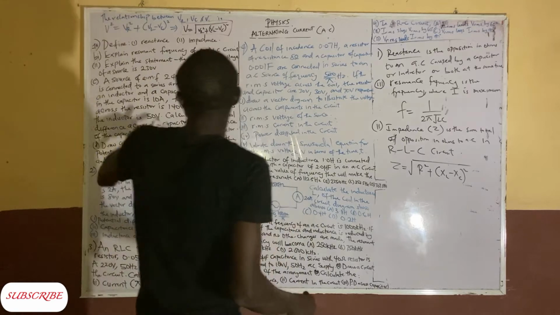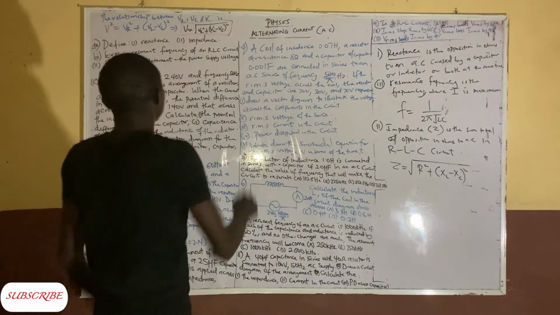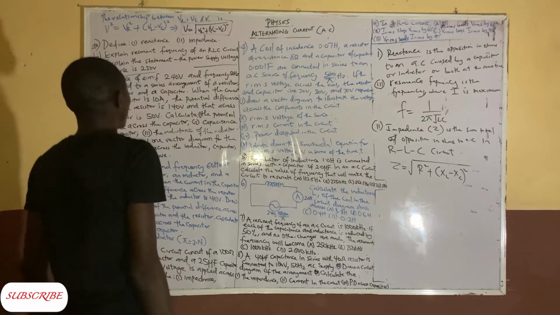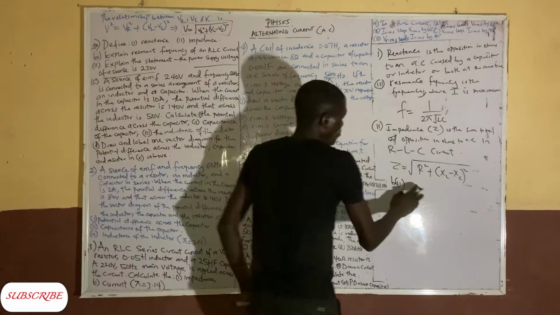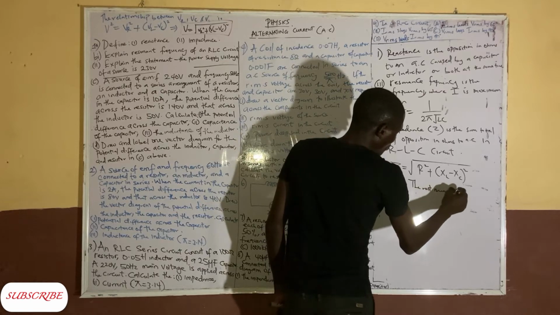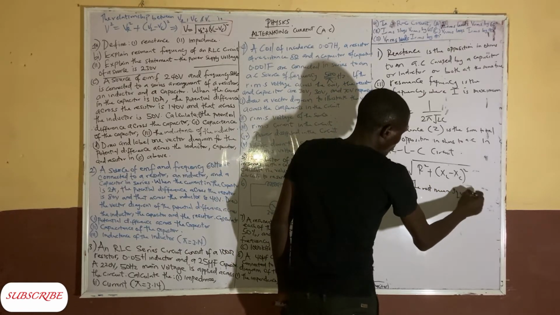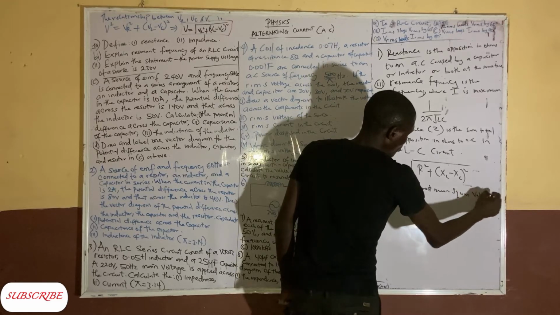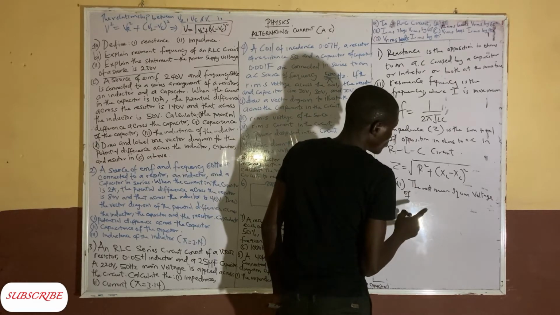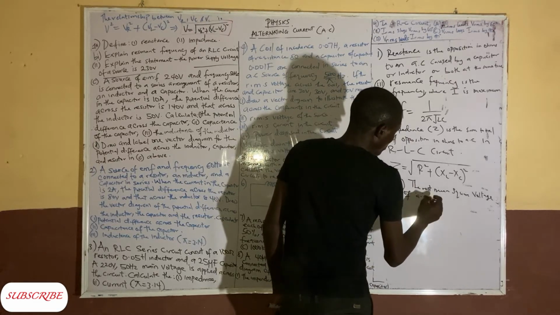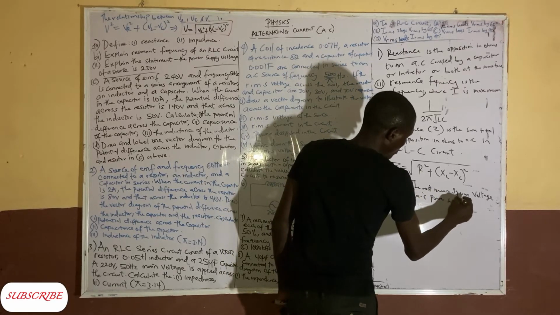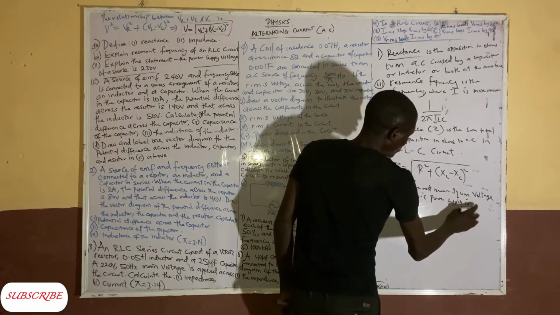So now we have to explain the statement. The power supply voltage of a source is 230 volts. The root mean square voltage of the AC power supply is 230 volts.